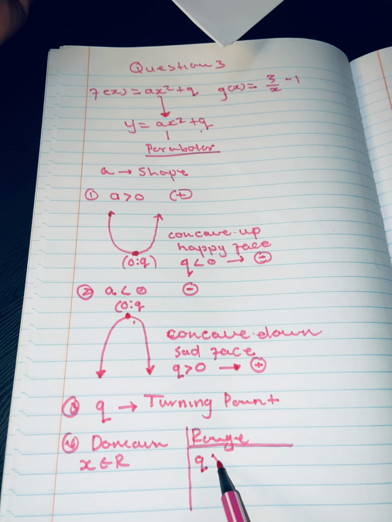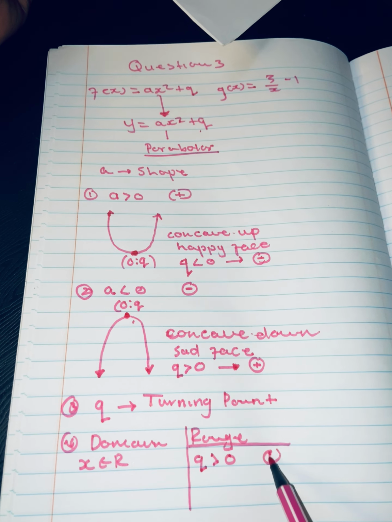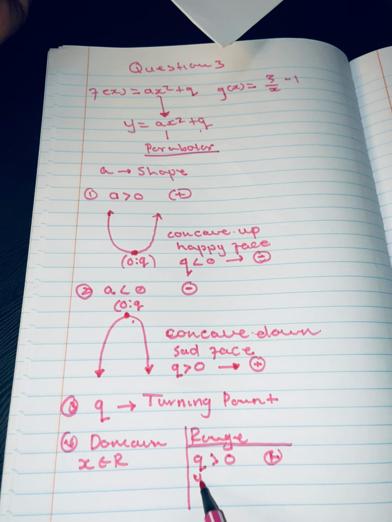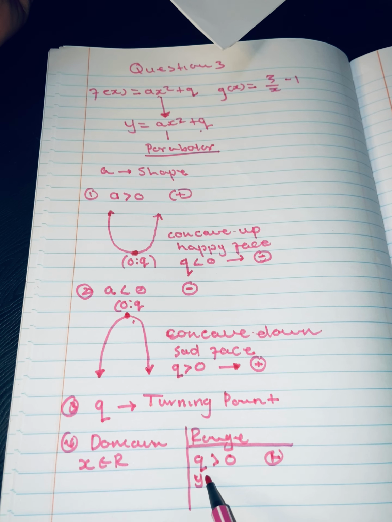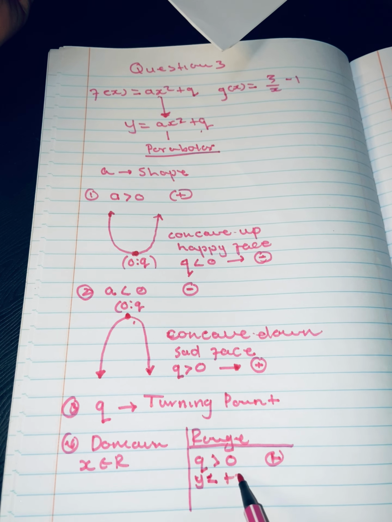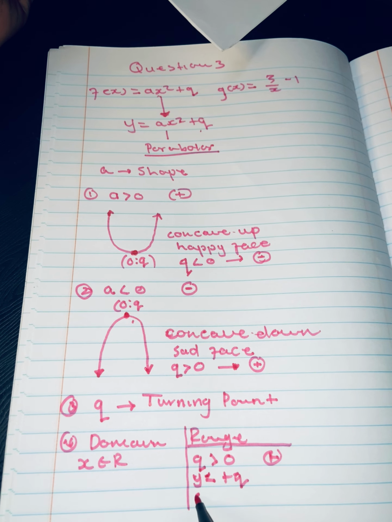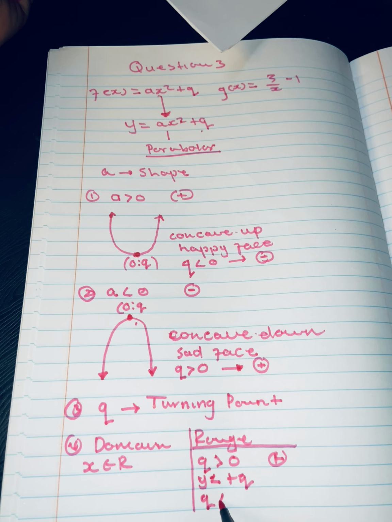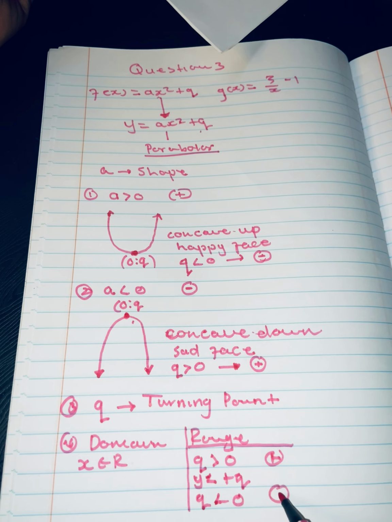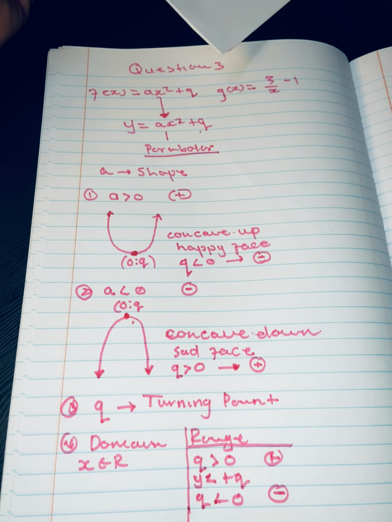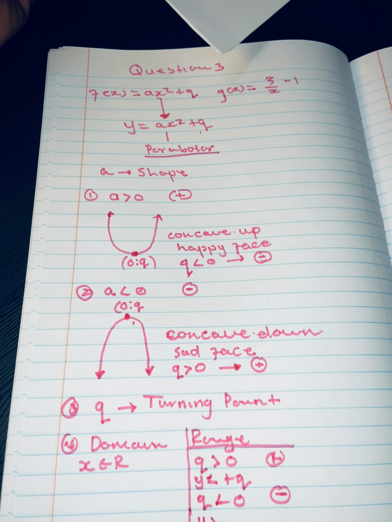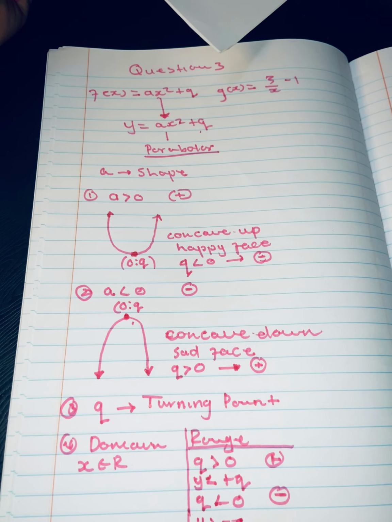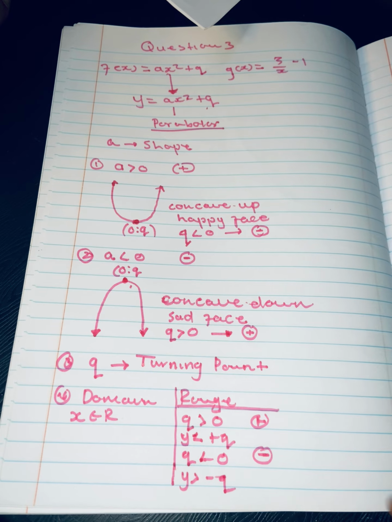If q is greater than 0, meaning you have a positive q, the range will be y is less than or equal to q. But when q is less than 0, meaning q is negative, y will be greater than or equal to q. This is how we write the range.